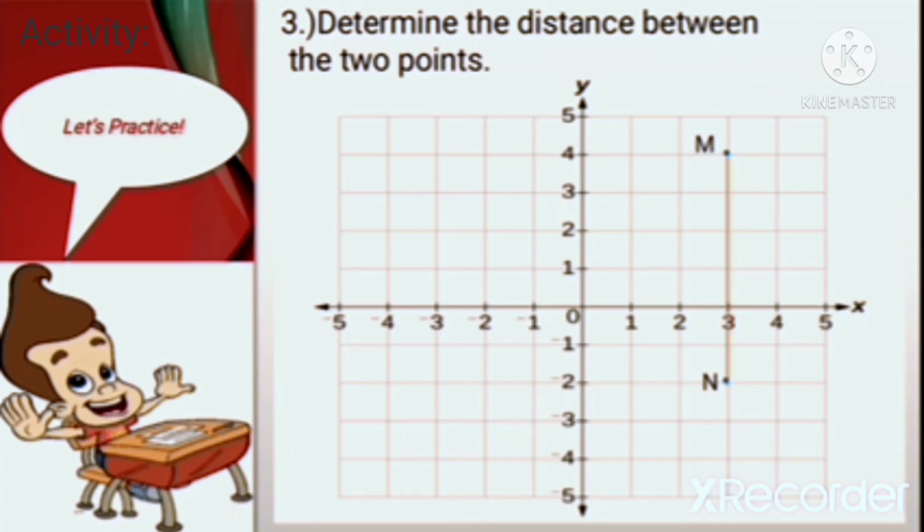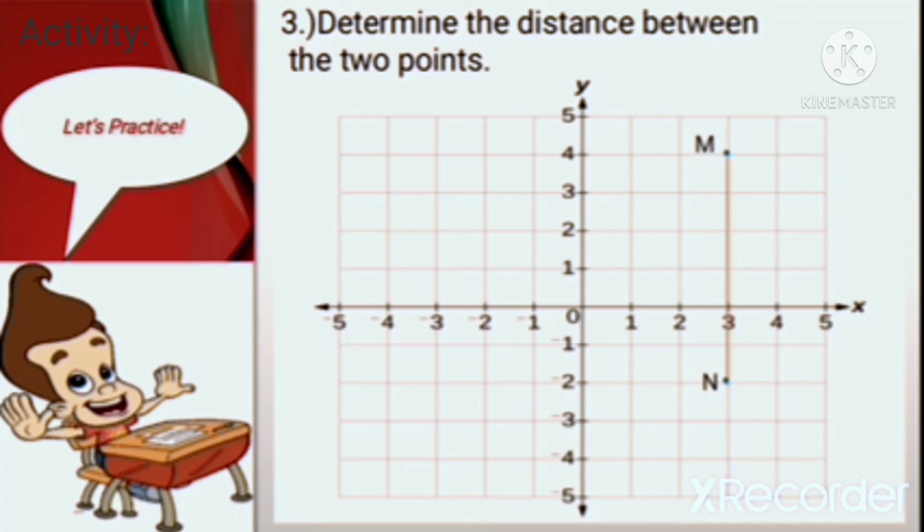What's the distance? Is it 6, 4, 7? Nope. The answer is 6. That's right. Distance from M to N is 6 units.